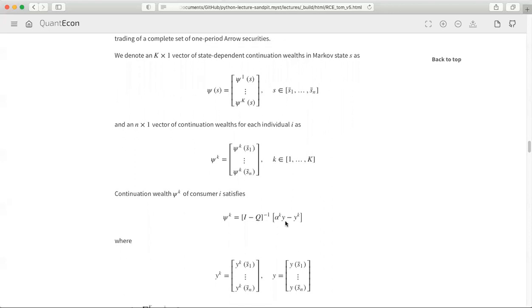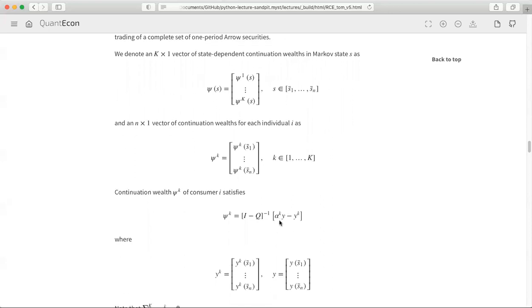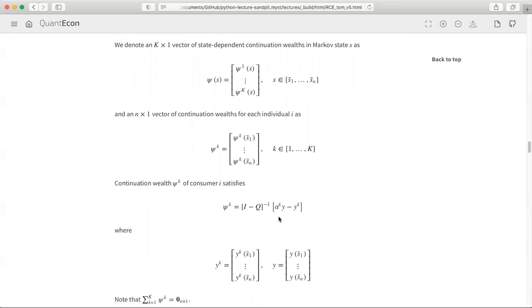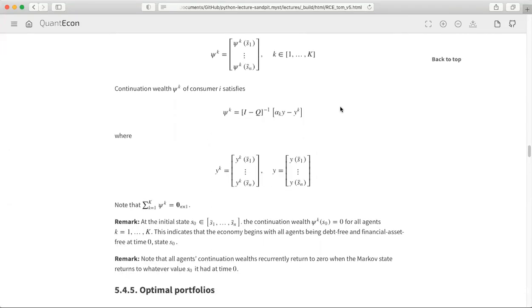These are the shares of wealth owned by individual k. We have to know those in order to compute these continuation wealths. So I have to figure out how to find them. And we know how to do that.